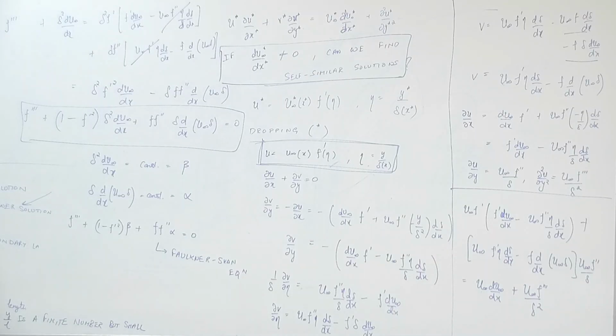U infinity was constant in x, right? The moment you put U infinity as constant in x, beta is 0, and this goes away, and you are left with these two terms which were in Blasius equation. So this is a more generalized form of Blasius equation. These are called Faulkner-Skan equations for different combinations of this alpha and beta, and we'll quickly see what these alpha and betas actually do.